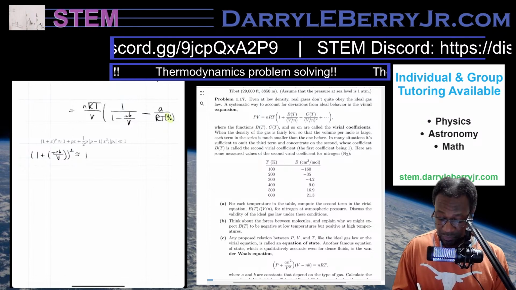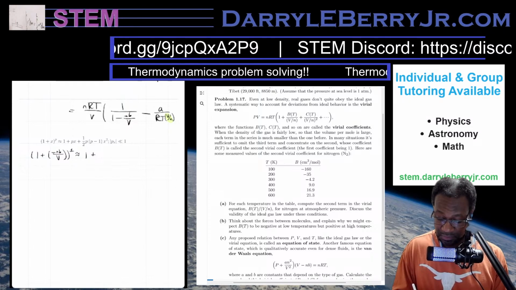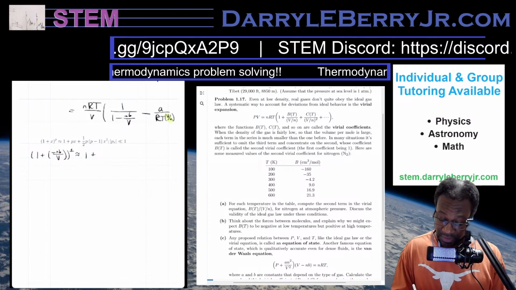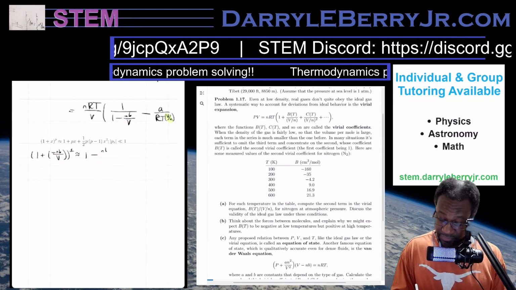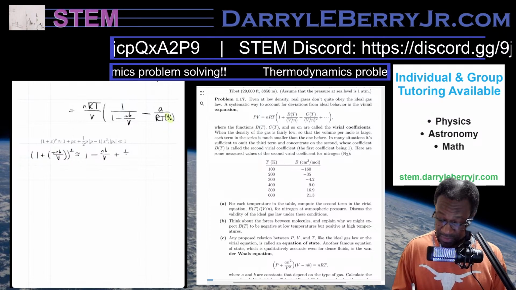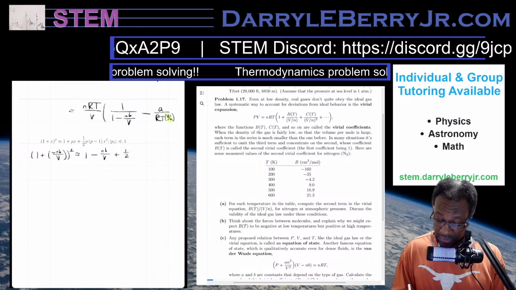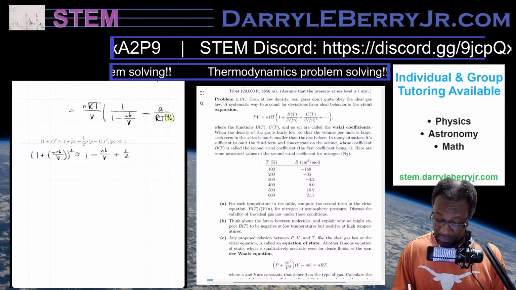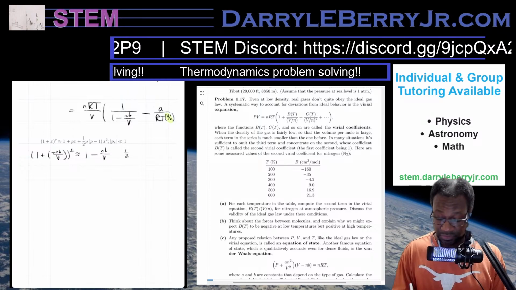So that's going to equal 1 plus 1 times X, which is negative NB over V, plus 1 half, 1 minus 1, X squared be this.